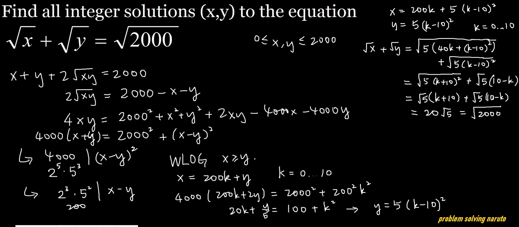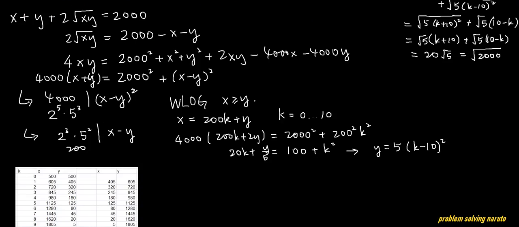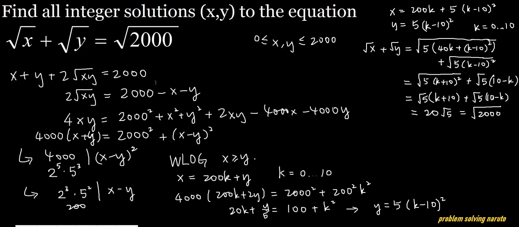Just as we decomposed it here, let's do a reflection as well. We get rid of the square root, which is quite straightforward. It is this step where we employ the divisibility criterion, and that's how we are able to narrow down the possible values. x can be 0 to 2000, but once we use divisibility, we narrow down to 11 possibilities for k.